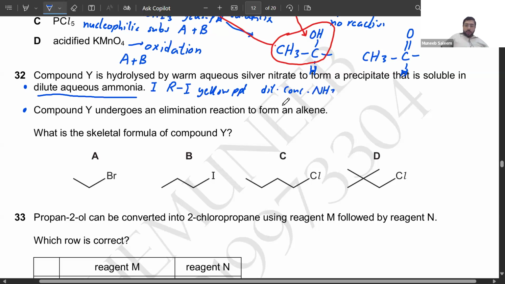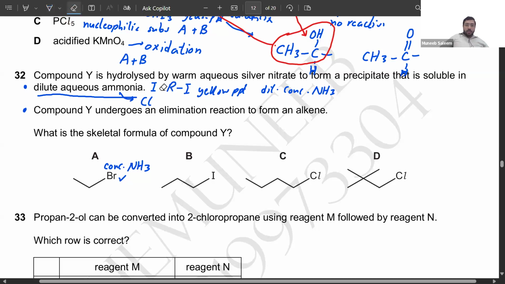It cannot dissolve that iodide precipitate, so it will definitely not be iodine. And for bromine, the precipitate can be dissolved by concentrated ammonia. But chlorine, it can be soluble in both dilute as well as concentrated ammonia. So dilute aqueous ammonia means it can dissolve the chloride precipitate.